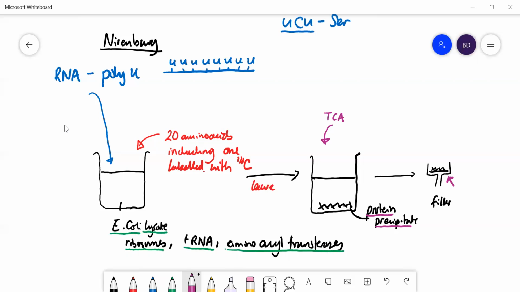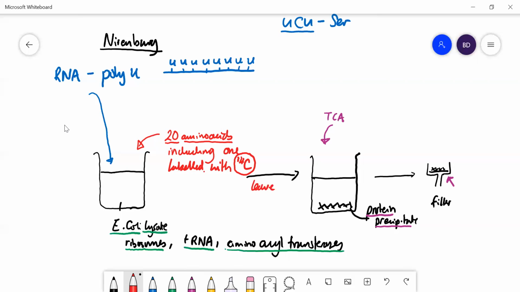Now, I should have said earlier, they added amino acids here. He added all 20 amino acids, and he labeled one of them with radioactive carbon, 14C. So he had to do 20 different experiments here. Each time they changed the radioactive amino acid, so once with glycine, once with serine, and so on.